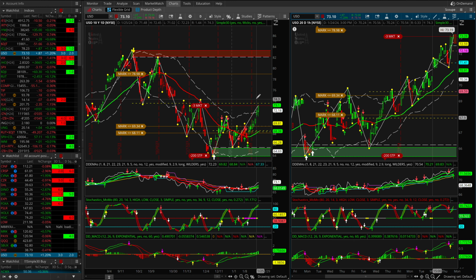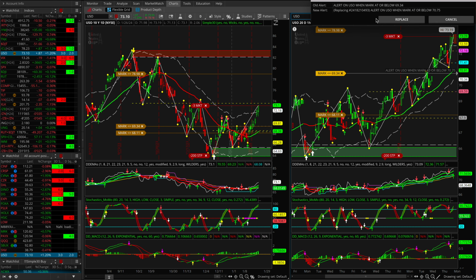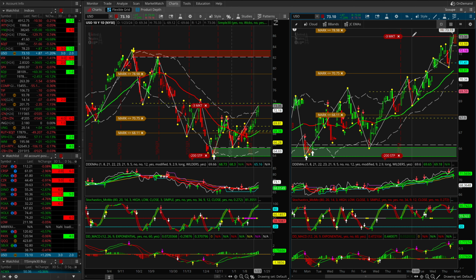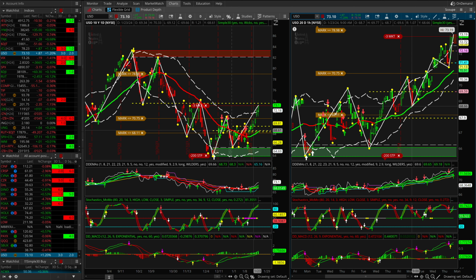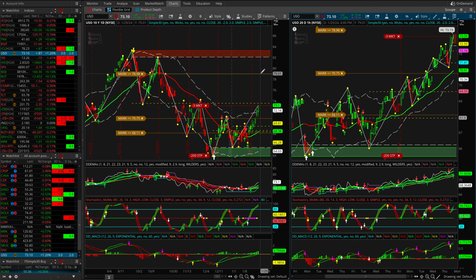Since I'm already profitable, I could start to measure that, which is why I have this alert in here. If that crosses that green line, I can get an alert, cross it to the downside, and I can evaluate off of the hourly chart if I want to keep my profit and adjust my stops. I also have an alert up here that if the price gets up to that level, I want to know so I can take some profits before we hit all this resistance up here.